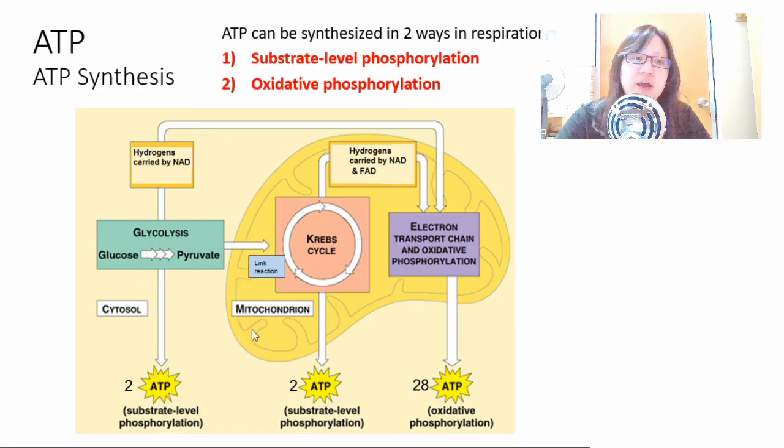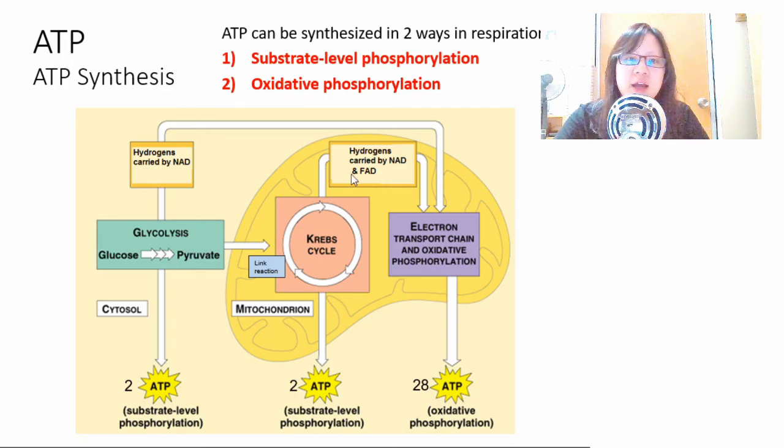This diagram also reminds us that glycolysis happens in the cytoplasm and produces NADH. The Krebs cycle and link reaction occur in the matrix of the mitochondria, whereas the electron transport chain is present at the inner membrane of the mitochondria. The Krebs cycle also produces NADH and FADH2.